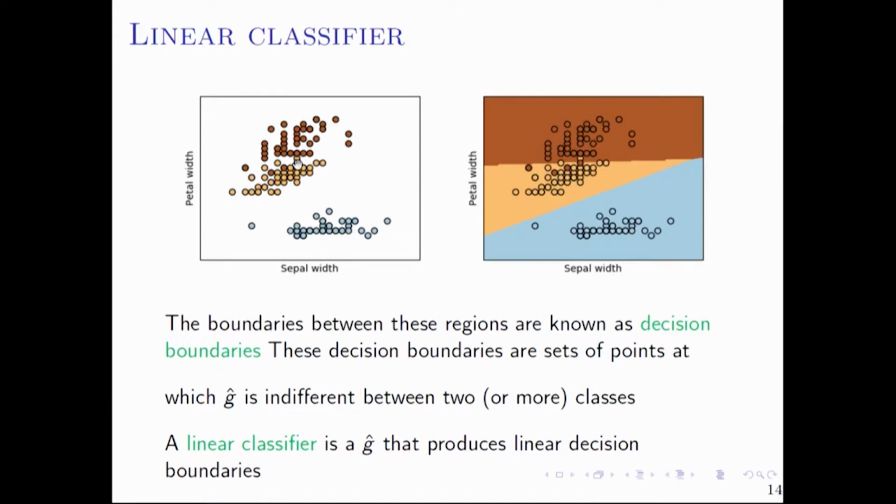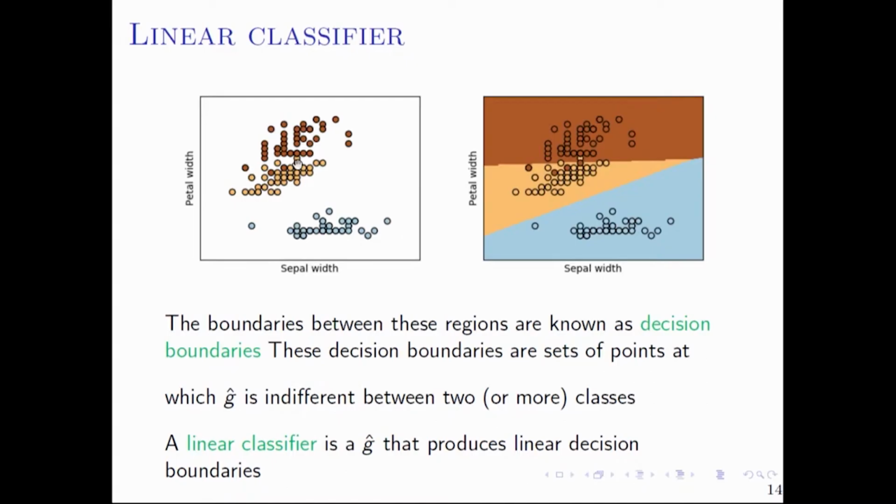So a linear classifier is a classifier like this. It is the same problem, the iris data set plot. If you plot two features, which are the sepal width and the petal width, and these colors are the three classes, Setosa, Versicolor and Virginica, there we have some boundary.